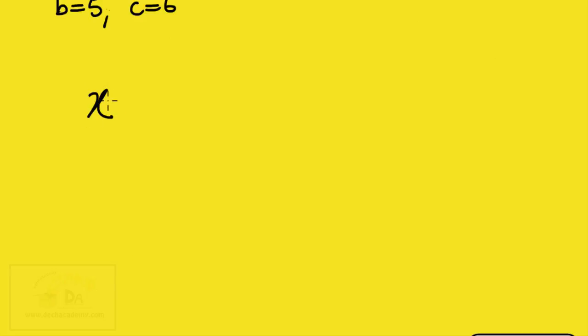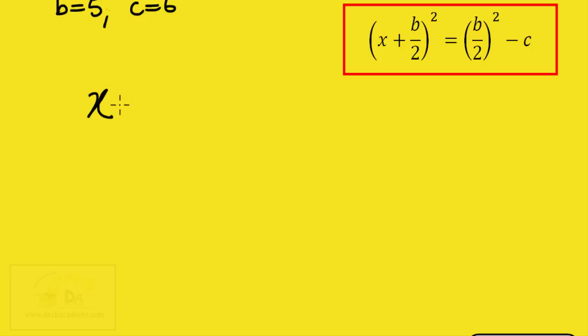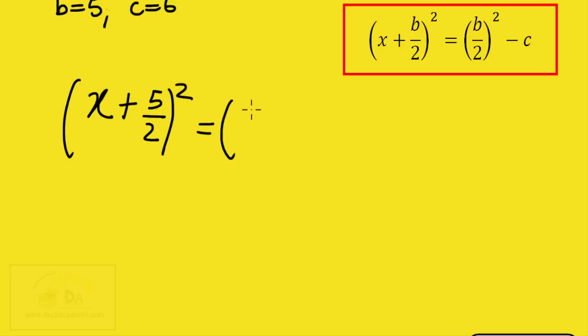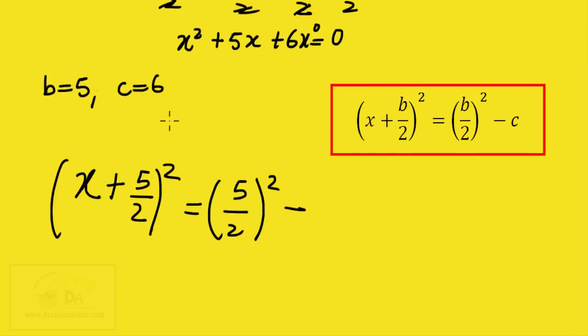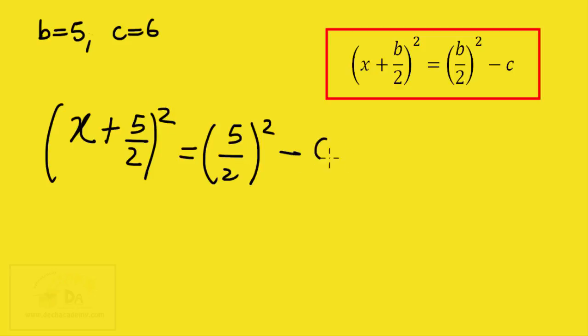x plus b, in our case now b is 5 over 2, all squared equals, again, b over 2, so 5 over 2 all squared, minus c. In our case, c is 6. And in order to determine the valid values of x, all we have to do is simplify this expression.